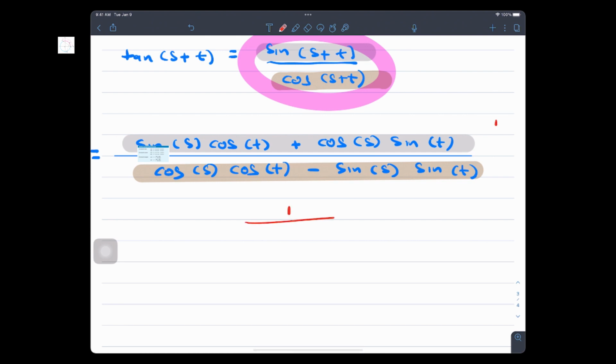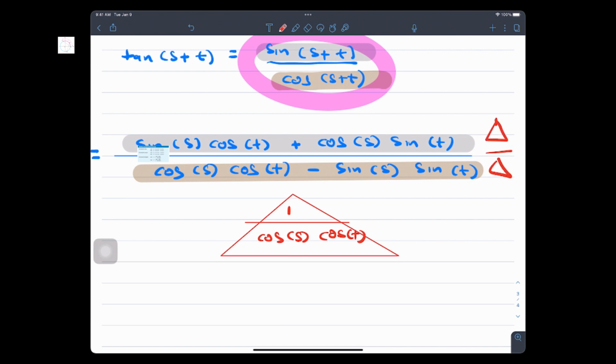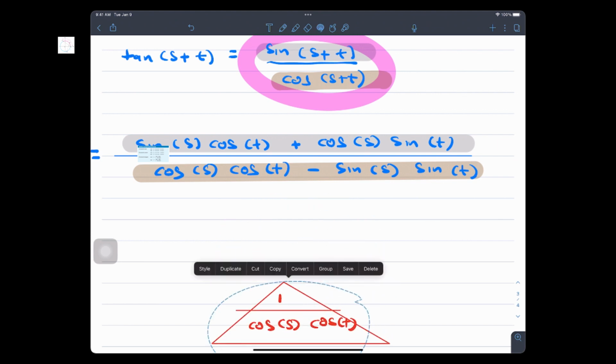I'm going to write it down right here. It's this thing, 1 over cosine s cosine t. This whole thing. And maybe I'll put that in a triangle here. So I'm going to say triangle over triangle. Isn't that 1? Anything divided by itself is 1. So what I'm really going to say is that you're dividing every term by cosine s cosine t. Okay? So I'm going to move this down. I'm going to try to write it this way.